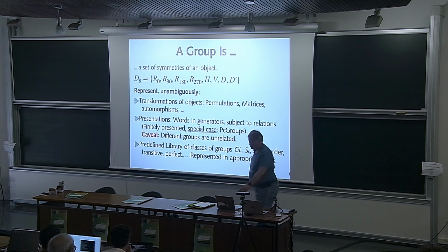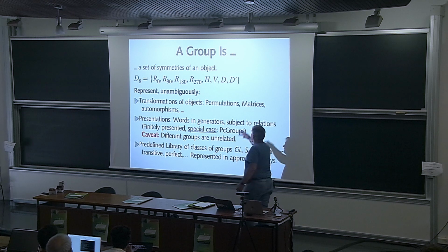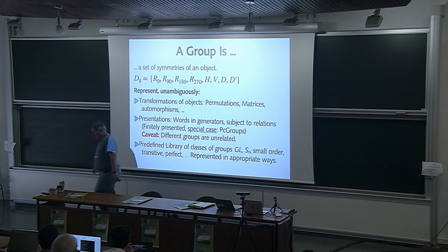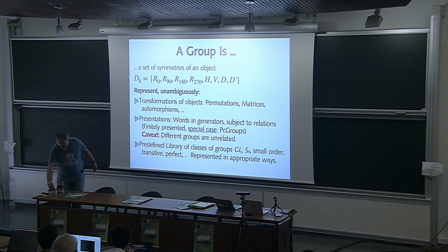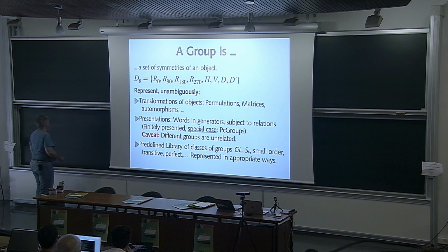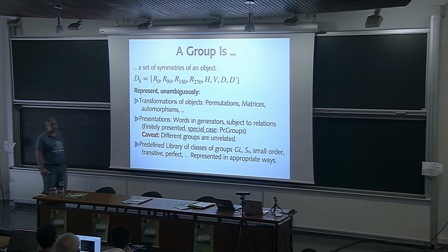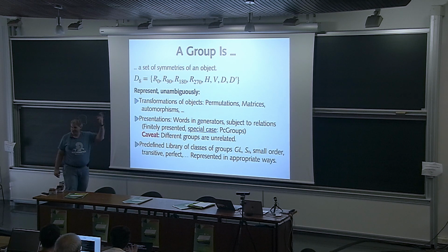So what is a group? If you take a textbook, a group is a set of symmetries of an object. So for example, at least in the standard American textbook for abstract algebra, if we take the dihedral group of order 8, the symmetries of a square, there we have 8 elements in the group, where the textbook calls them R0, R90, that's the rotations.